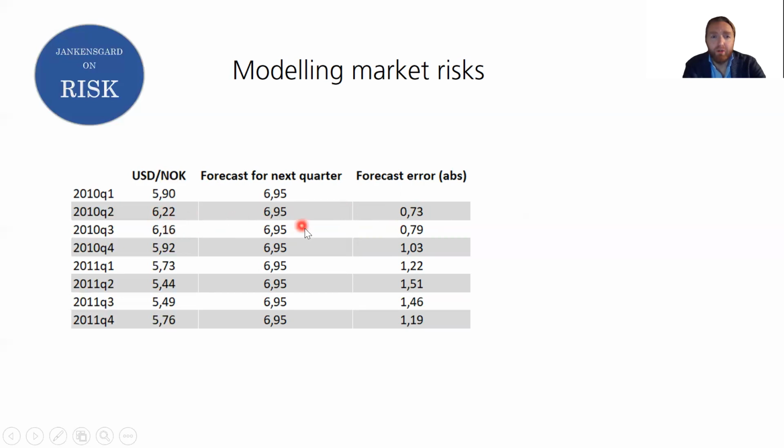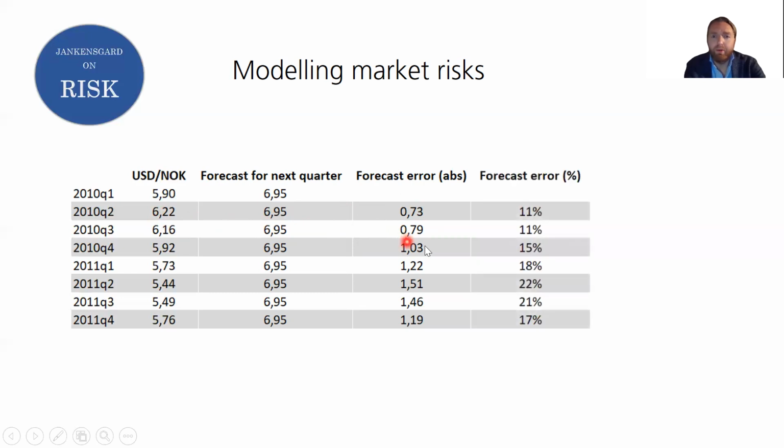And as we do that for each of these quarters, we get a new forecast error. And we're actually not doing too well here. These forecast errors seem to be rather large. Sometimes it's 22% of the forecast value, right? So that's a pretty massive forecast error.